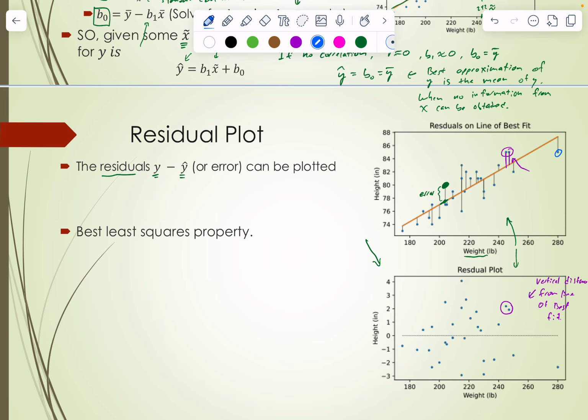This point right here is below the line of best fit, and so on our residual plot, it's going to be negative. You look at these two points here, those are represented right here in my residual plot.